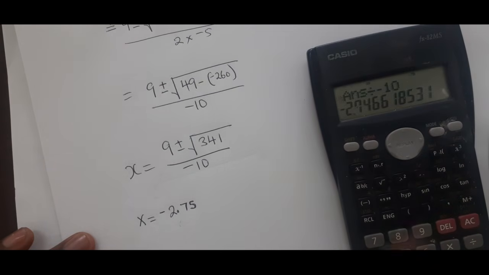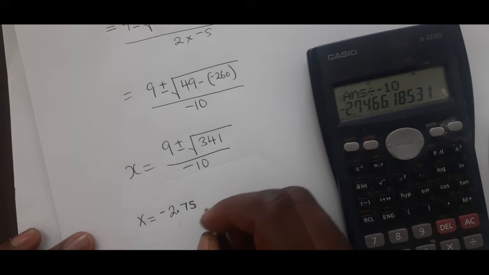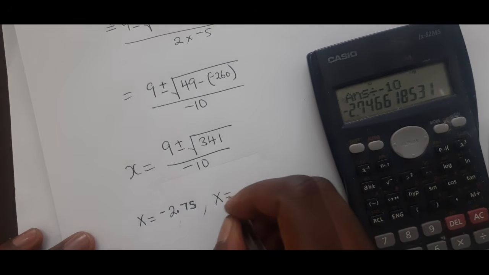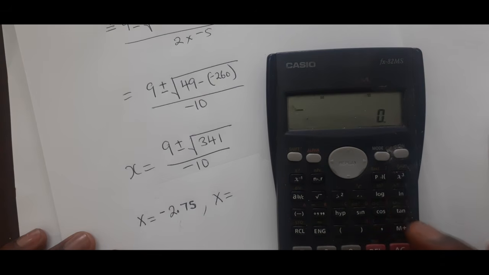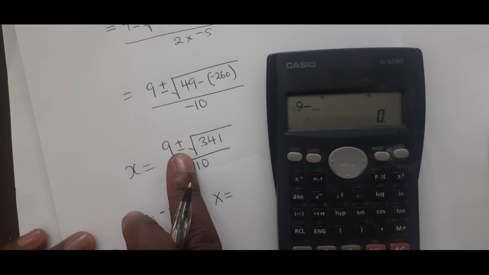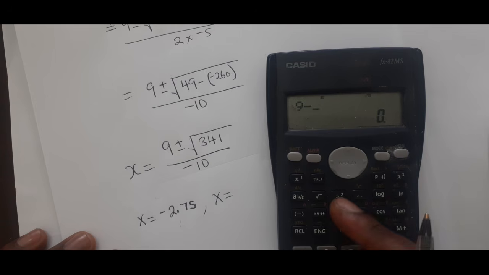And the second one, x will be equal to, we repeat the same process. Now we're going to say 9 minus, because we're using the other sign, minus the square root of 341 equals. Then you say divided by negative 10.